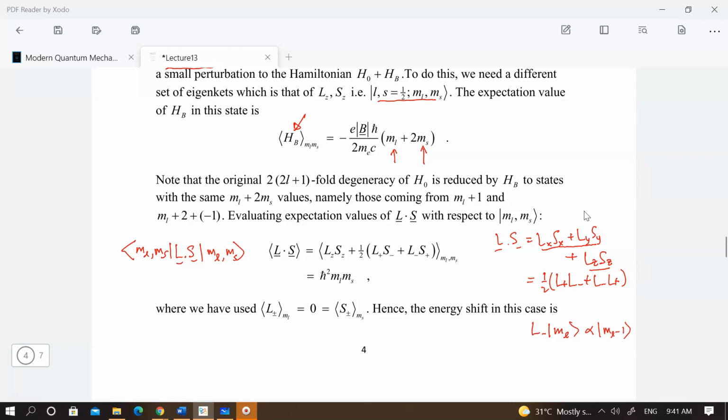When you do this, you will find that the contribution from there is essentially equal to 0, and similarly for your S plus and S minus. So in other words, the contribution here is 0, and all you need to do is to evaluate the LZ and SZ operators acting on this particular case.